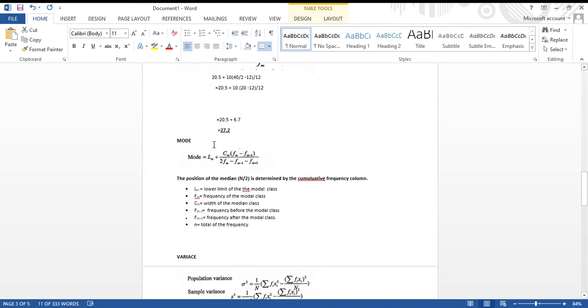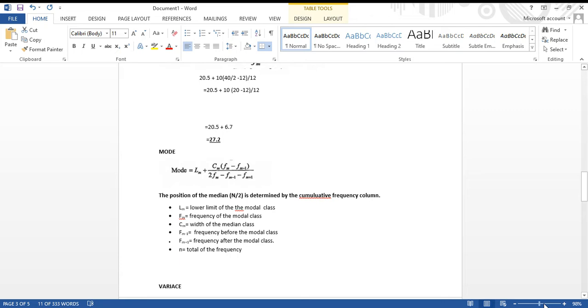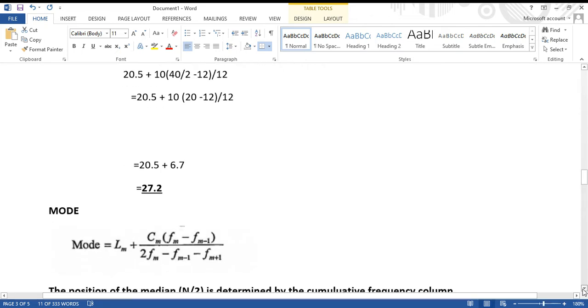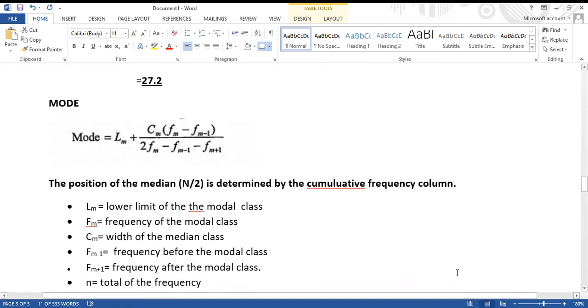All right, this is the formula for the mode. Let me just zoom in a bit. LM represents the lower limit of the modal class. If we want to find the modal class, we just have to look for which class has the highest frequency.